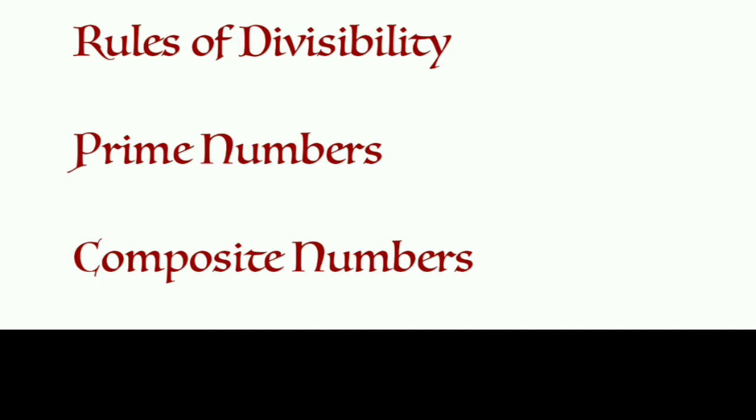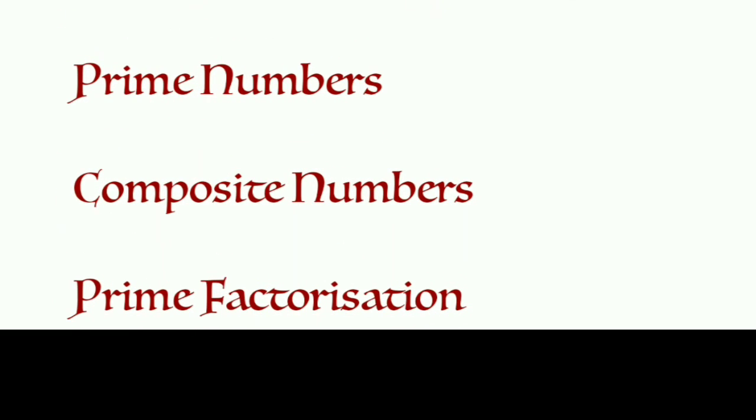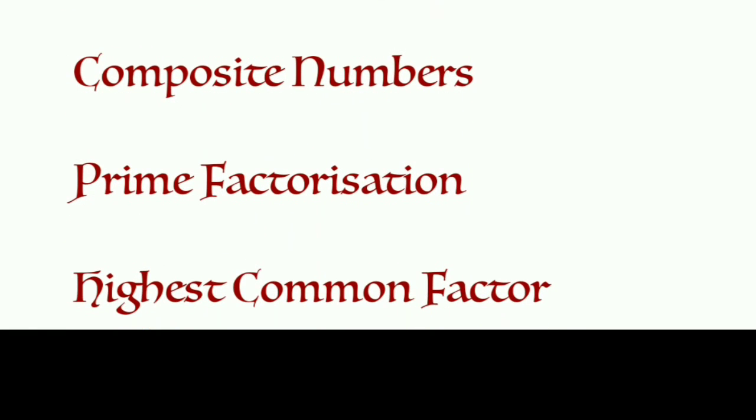What are prime numbers? The number having only two factors is known as a prime number. A number having more than two factors is known as a composite number. And prime factorization: after solving the number, at last we get prime numbers, that is known as prime factorization.